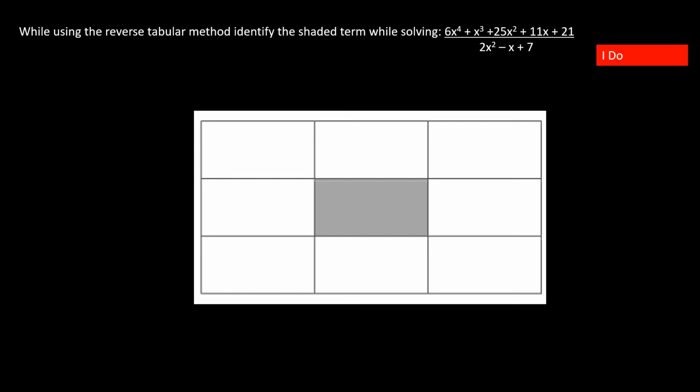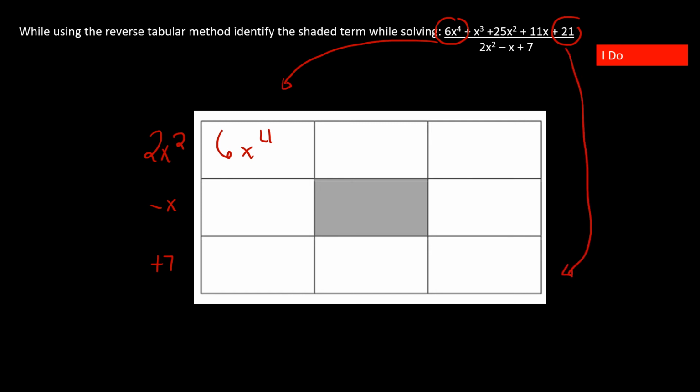So we know that we're going to have the factors of 2x squared minus x plus 7 here. And we take the first term, that's 6x to the fourth, and we can take our last term. All right, the first term always goes in the top left, the last term always goes in the bottom right, and then we can start solving for our terms up here.